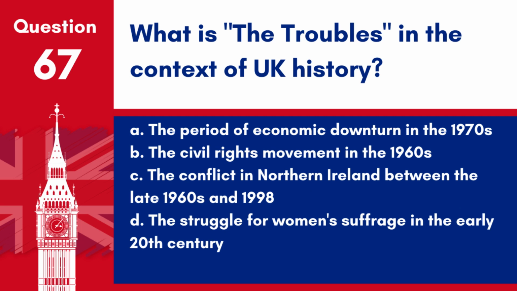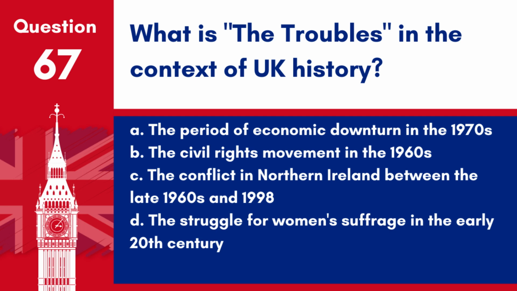Question 67. What is the Troubles in the context of UK history? A. The period of economic downturn in the 1970s. B. The civil rights movement in the 1960s. C. The conflict in Northern Ireland between the late 1960s and 1998. D. The struggle for women's suffrage in the early 20th century.